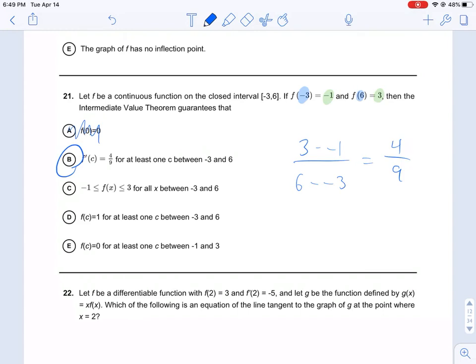F has to be between -1 and 3, so it's saying all your y values have to be between -1 and 3. Well, that's not true. f of -2 could be -100 for all we know. There's not enough information to determine that. Then, f of c equals 1 for at least one c between -3 and 6.